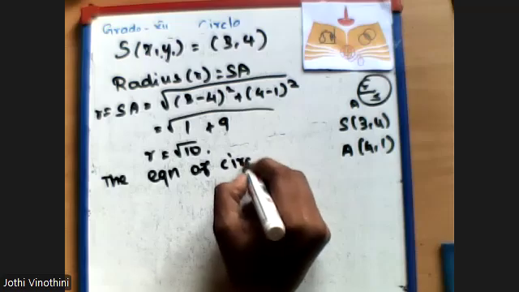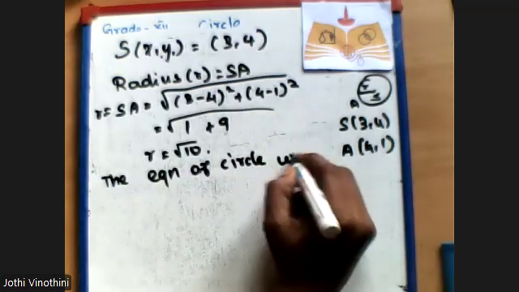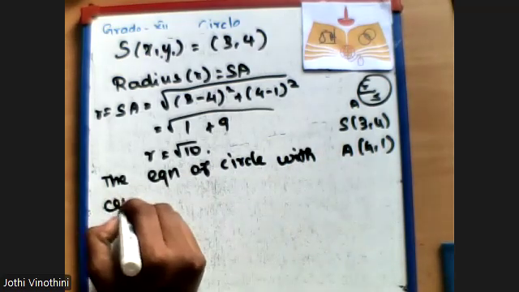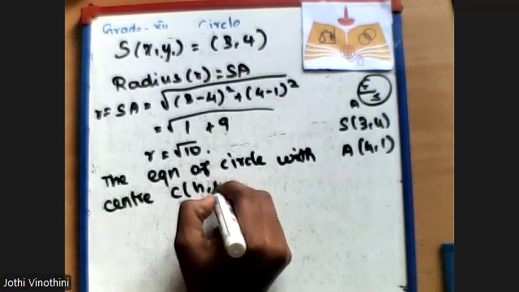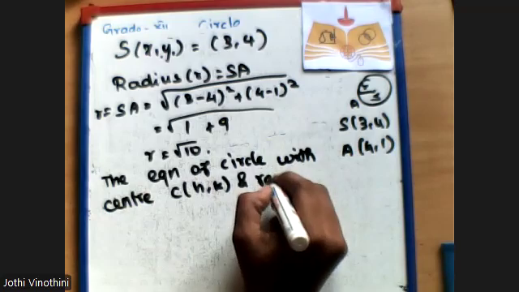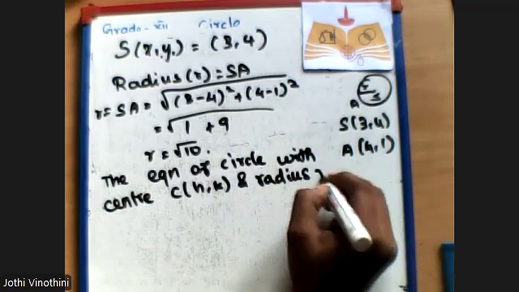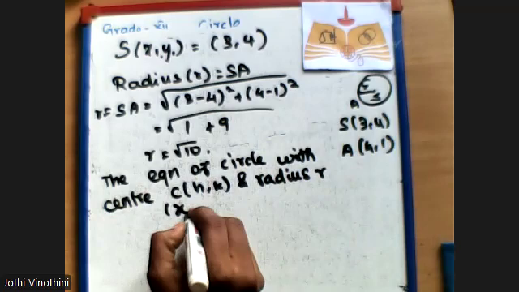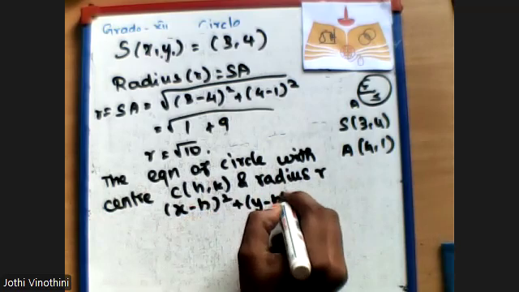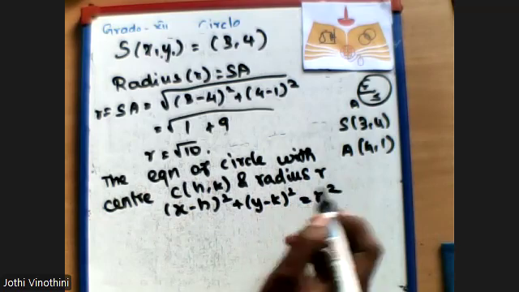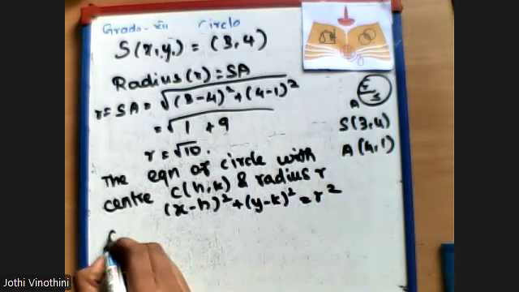So what is the general equation of a circle? A circle with center C being h comma k and radius r is x minus h the whole square plus y minus k the whole square equals r square. Now we have the center.